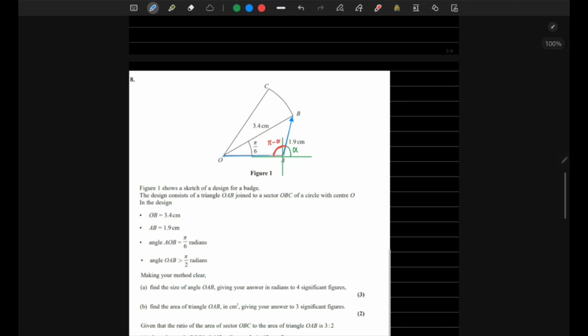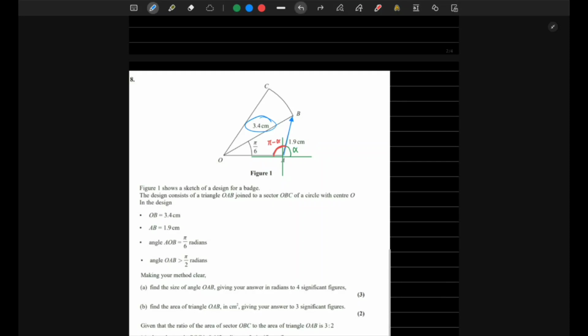Do we have that? We don't have the base or the perpendicular distance, no height, so we can use the sine rule for area. Do we have any 2 sides and the included angle? If we find this third angle, because we know the other 2 angles, then we would be able to find the area of this triangle.